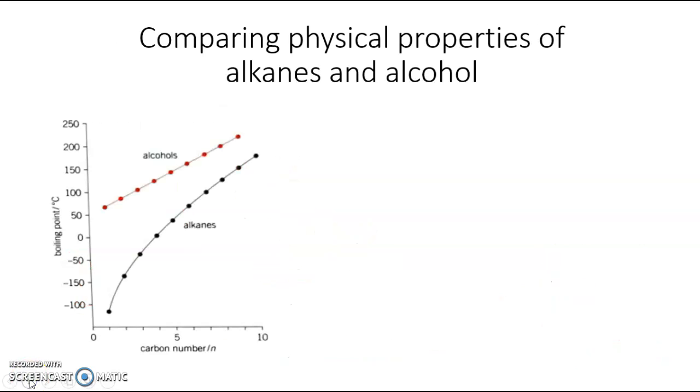When we compare the physical properties of alkanes and alcohols, it's interesting to note that if the carbon atoms are the same, there's a stark difference in the boiling point initially, but as the number of carbon atoms increases, the boiling point of alcohol, which should have kept increasing, actually plateaus. So what is happening as the number of carbon atoms increases?